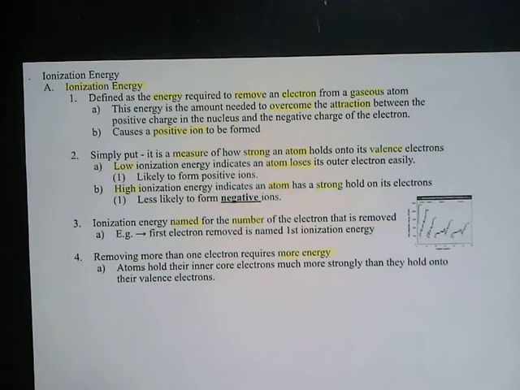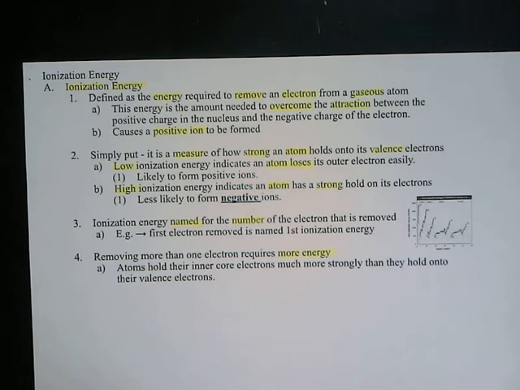And it's just to say, okay, how strong of a hold does an atom have on its valence electron? If we have a low ionization energy, the atom doesn't really want to hold on to the electron. It's more willing to give it away. If something has a high ionization energy, it is not wanting to give those electrons.